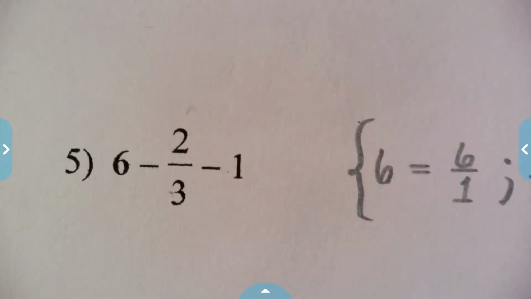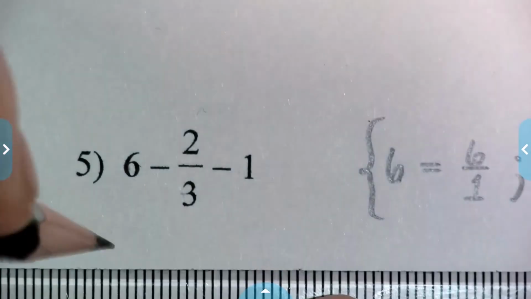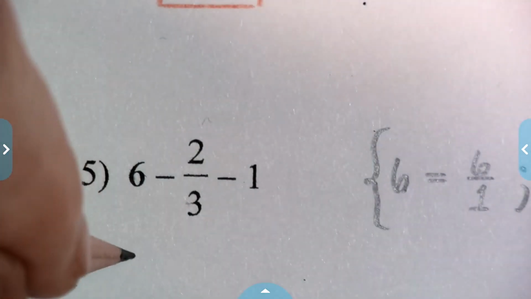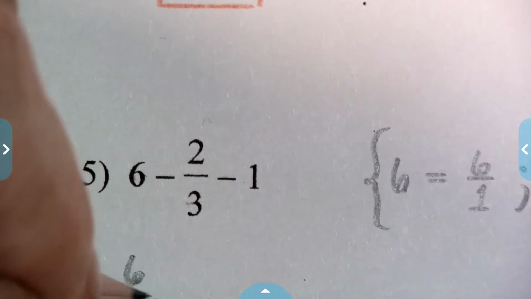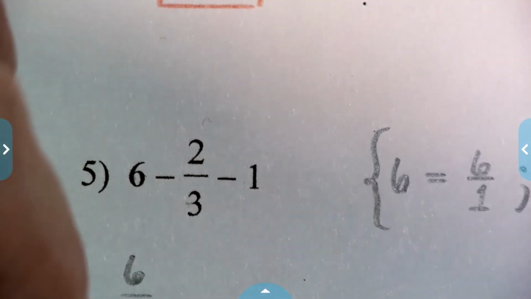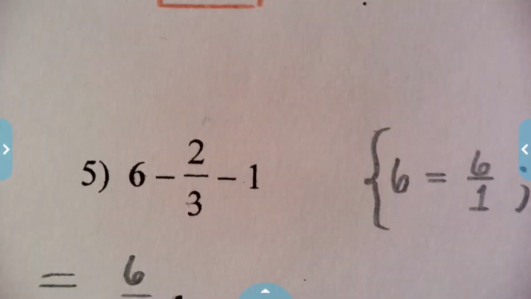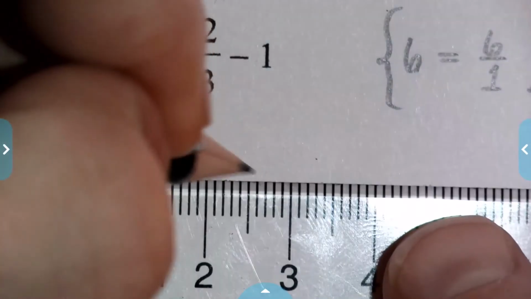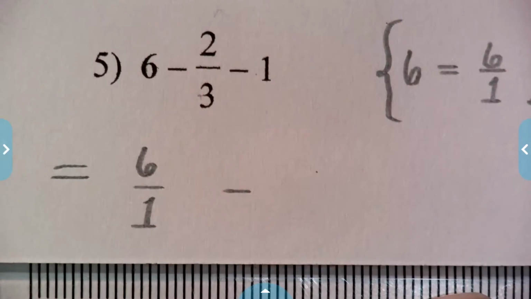So we're going to rewrite this problem as 6 over 1, and then I'm going to leave some blank space right here on purpose. I'm going to put the minus sign there.